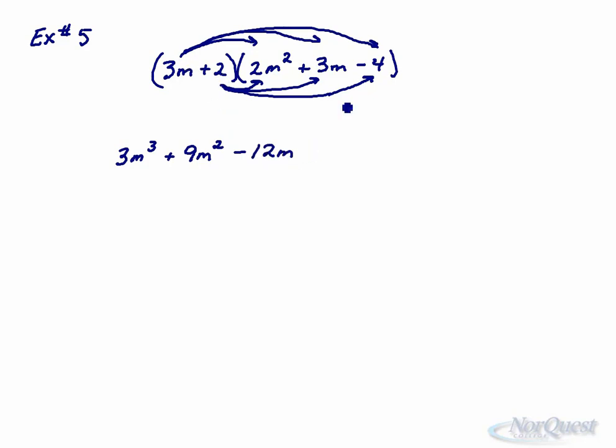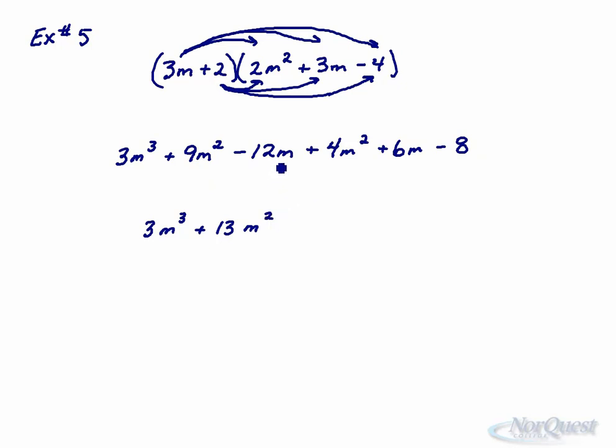Now distribute the positive 2 to give us positive 4m squared. 2 times 3m to give us plus 6m. 2 times negative 4 to give us minus 8. Now you have to do a little bit of searching to collect like terms. There's only one cubed term, so we get 3m cubed. I have 9m squared plus 4m squared to give me plus 13m squared.